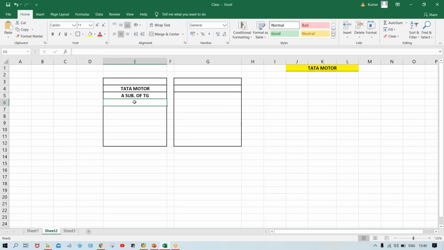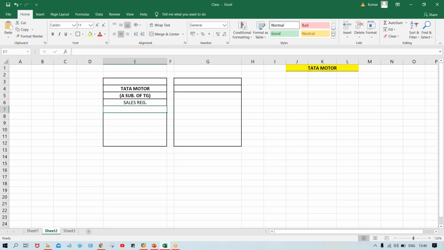Now under Tata Motor, this is a sales register or purchase register or petty cash register. How will an employee segregate them? Of course the register name will also be written. Let's suppose it is sales register, right? People will come to know that this is the sales register.